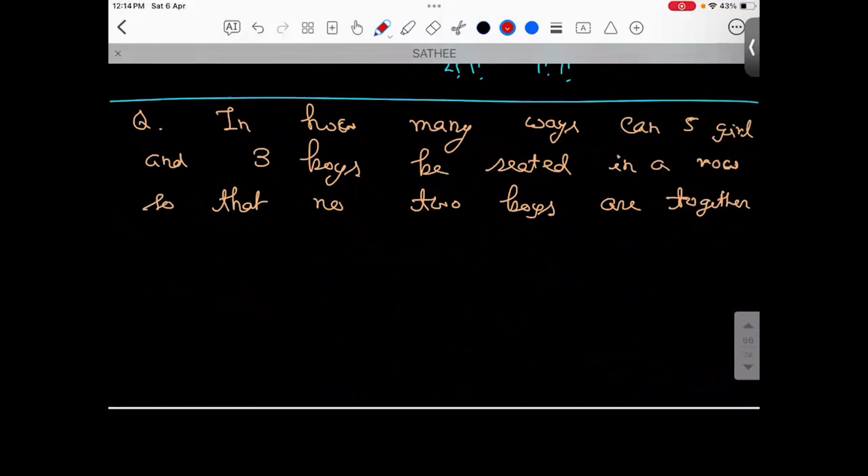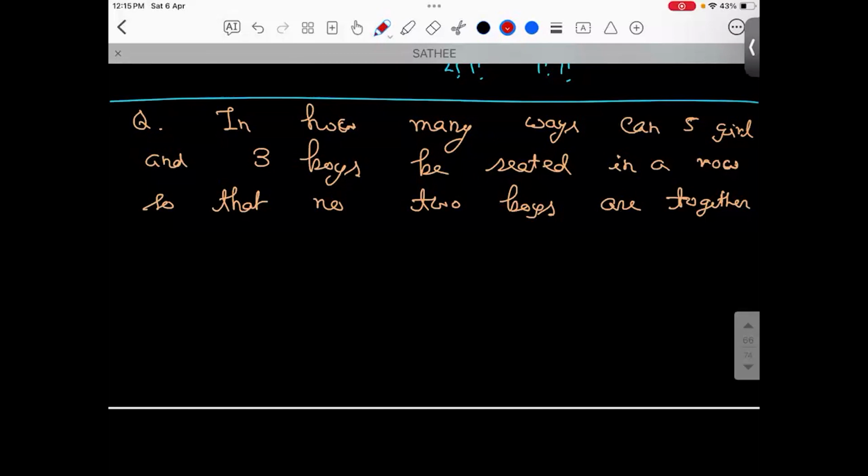Now, how can we interpret this question? No 2 boys are together. This means that in between 2 boys, there should be 1 girl, right? At least 1 girl. There can be 2 or more girls, but there should be at least 1 girl, correct? There cannot be 2 boys together.